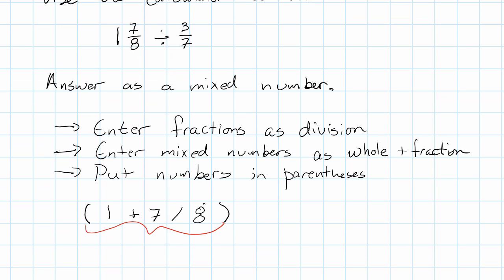This is the number 1 7/8. Now my division, I'm going to enter as division, and then parenthesis 3 divided by 7. This is the number 3/7.